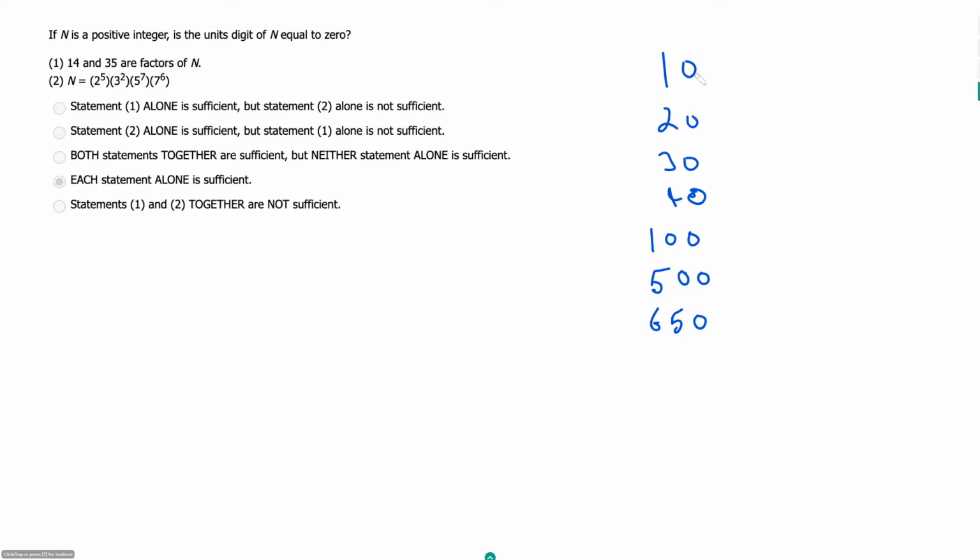And what do they all have in common? So these are all multiples of 10, right? So another way we can think of our question, or rephrase our question, is: is n a multiple of 10?